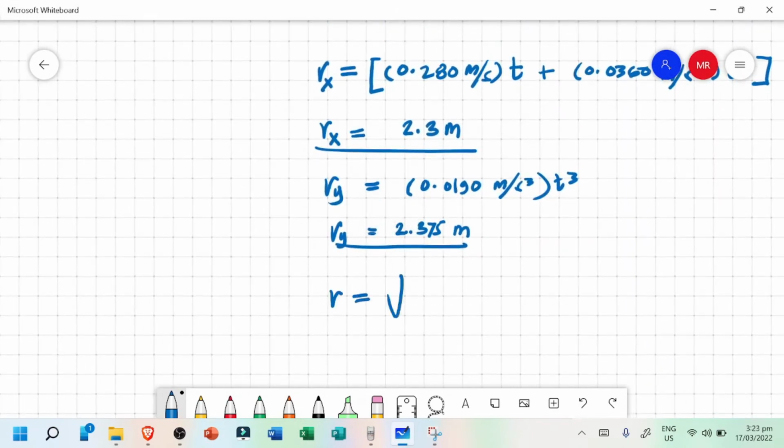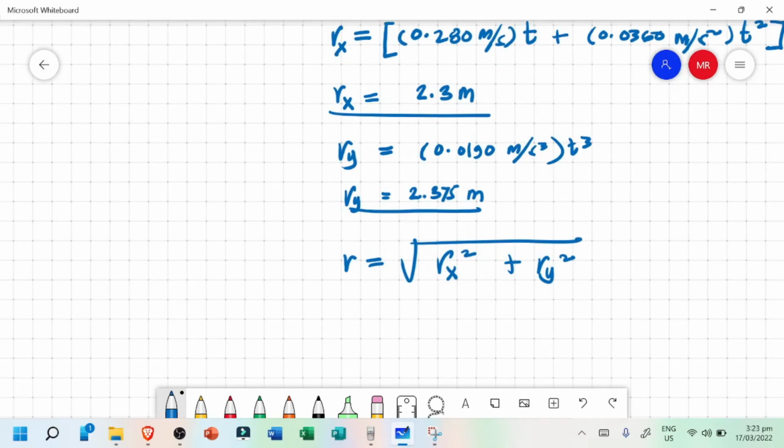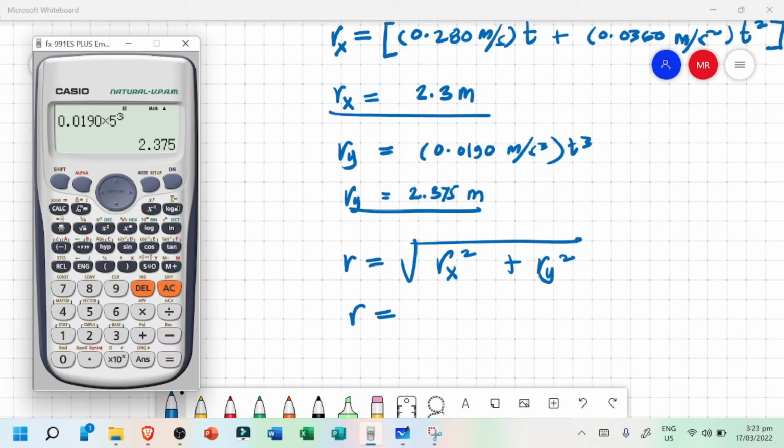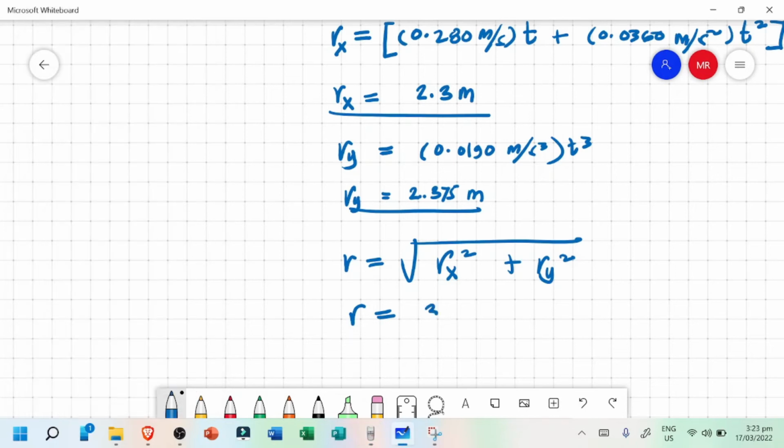So we are just asked to get the position, then we just have to solve for r, where r is the square root of rx squared plus ry squared. So given now these values, we have the square root of 2.3 squared plus 2.375 squared for ry, then we'll have 3.3 meters.